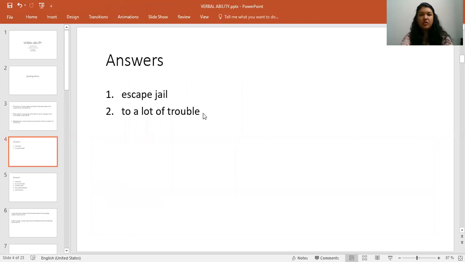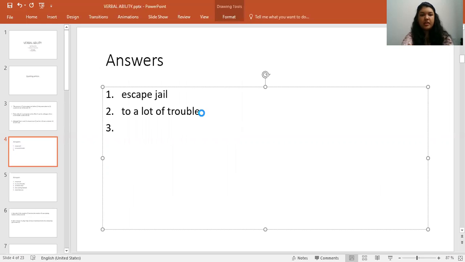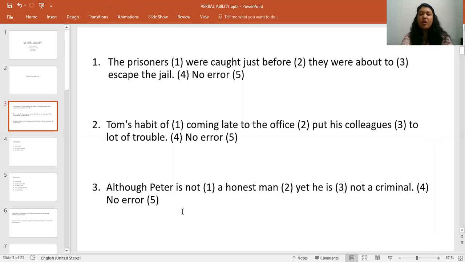So we'll be correcting into an honest man. So the sentence will be, although Peter is not an honest man, yet he is not a criminal.